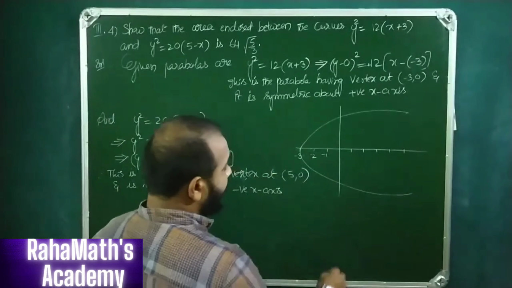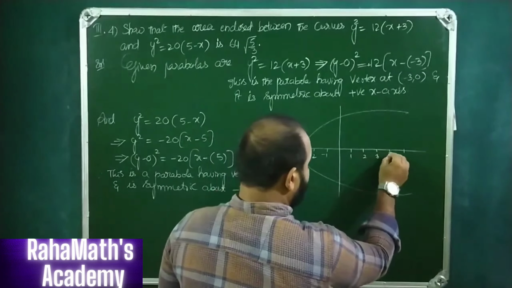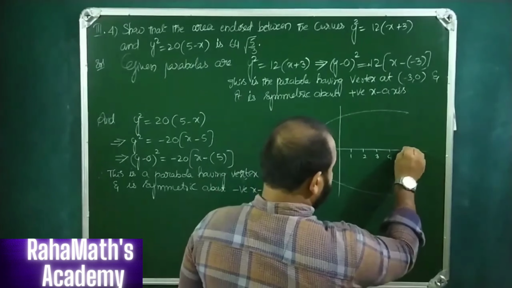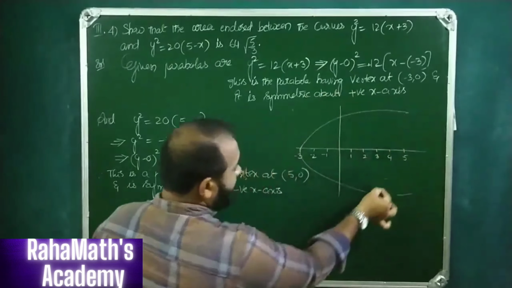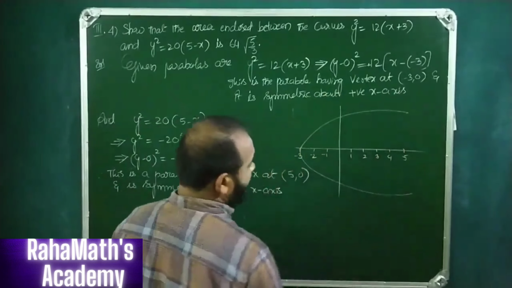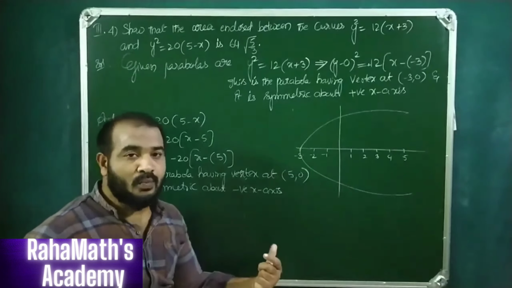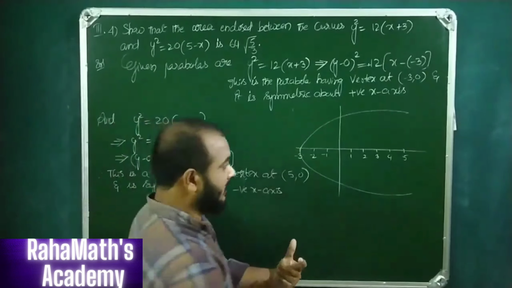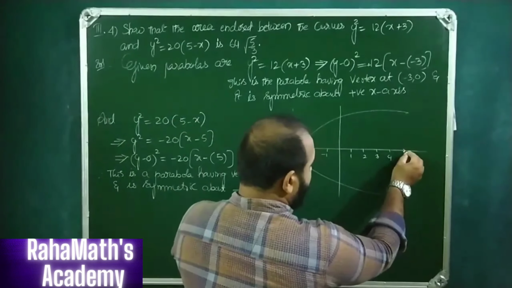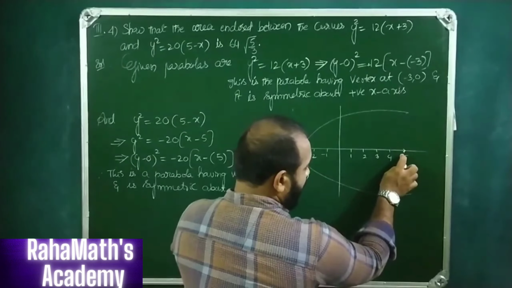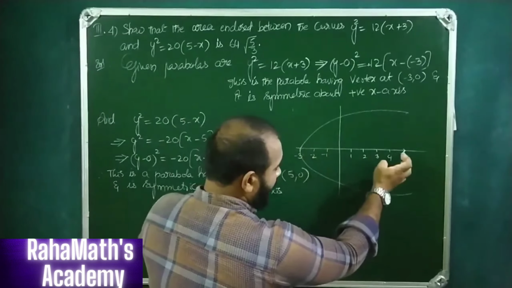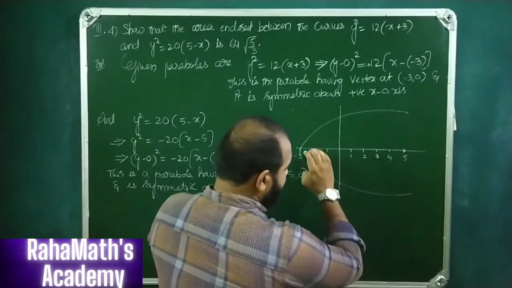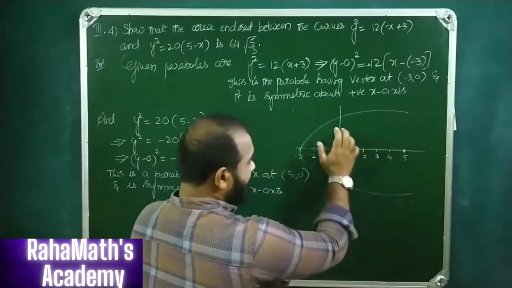So that means this is 1, 2, 3, 4, 5. So this is 5 comma 0. Then this is this parabola. So that means both are intersecting. But intersecting at which point? That is the thing. So having the vertex at 5 comma 0, it will be a parabola which is symmetric about x-axis again like this.